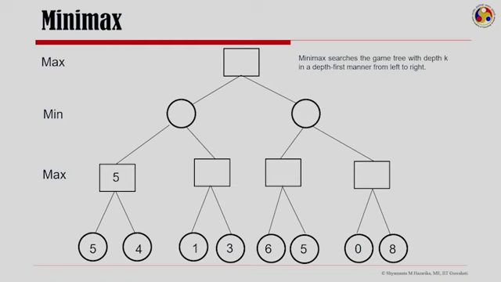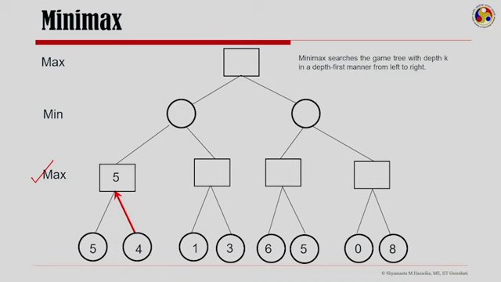Next, this is a depth-first search, so it has to go to the leaf node one more time, picks up the value 4, but then when it backs it up, one has to remember that this is a max layer. I am expecting the maximum of the two. 4 is not entered, we still have 5 there because 4 is less than 5.